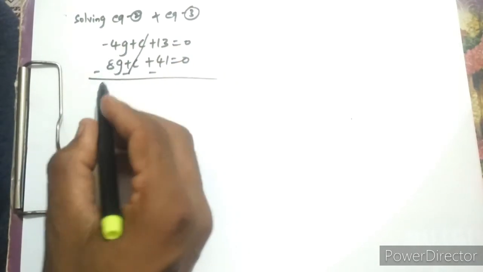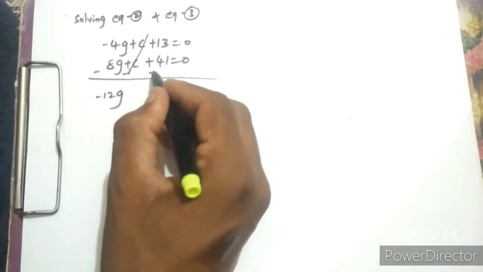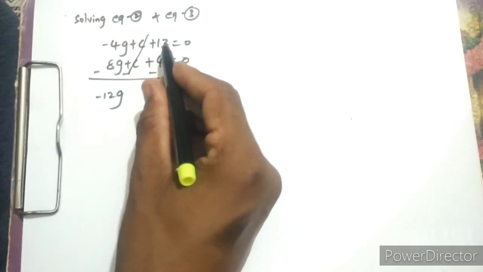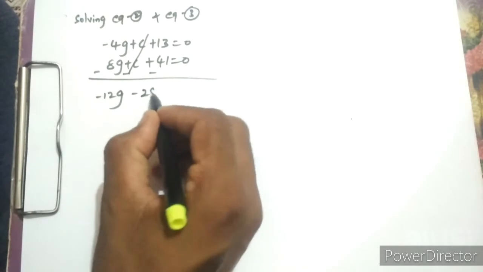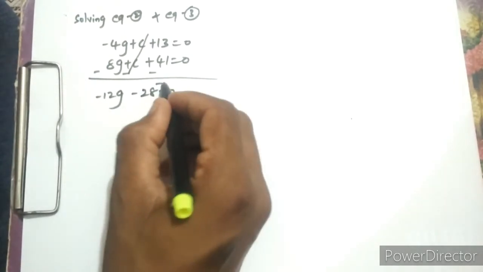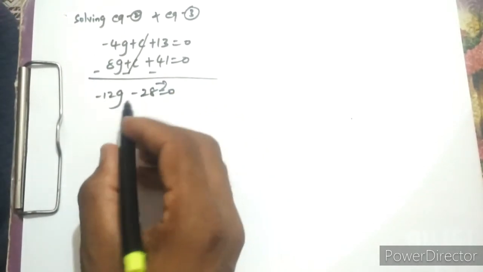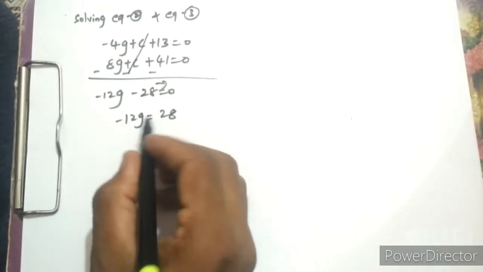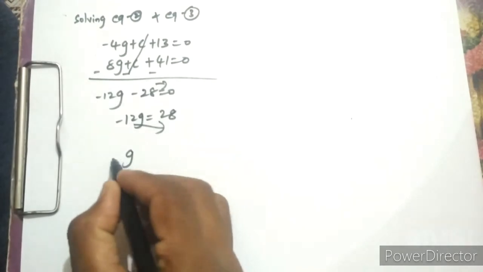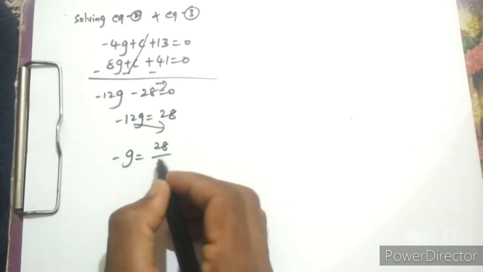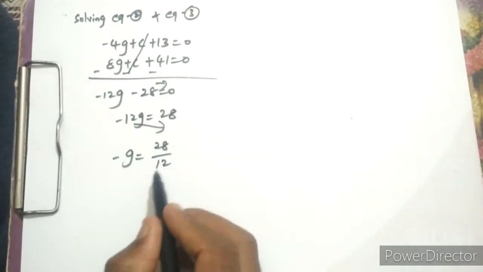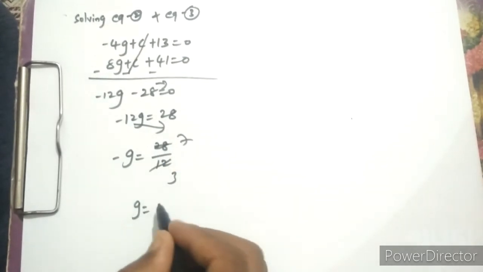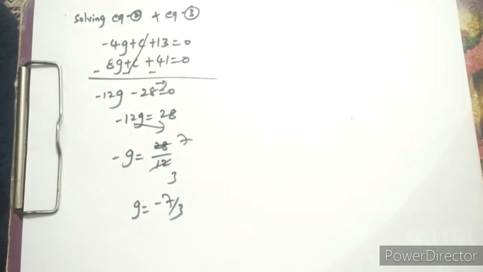Minus 8g minus 4g becomes minus 12g, minus 41 plus 13 becomes minus 28 is equal to 0. Taking 28 to the right hand side, minus 12g is equal to 28. Take 12 to the denominator of the right hand side, then minus g is equal to 28 by 12. If you do cancellation, 4 3s are 12, 4 7s are 28. So the g value becomes minus 7 by 3.